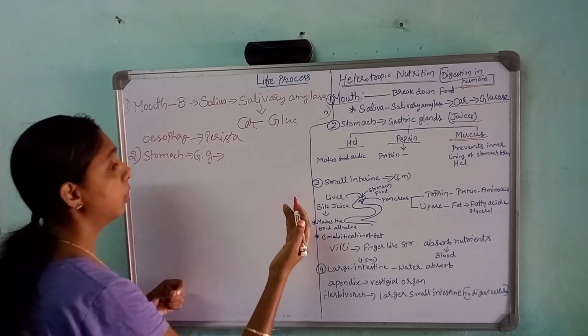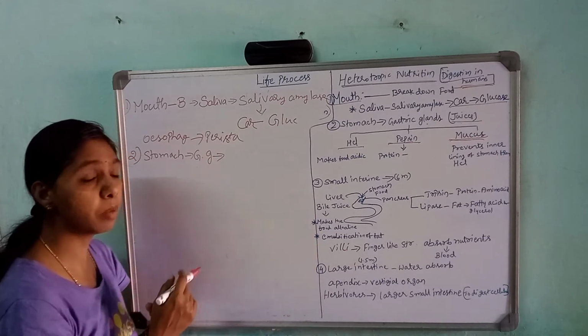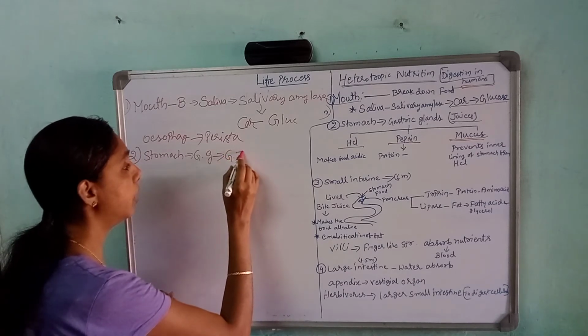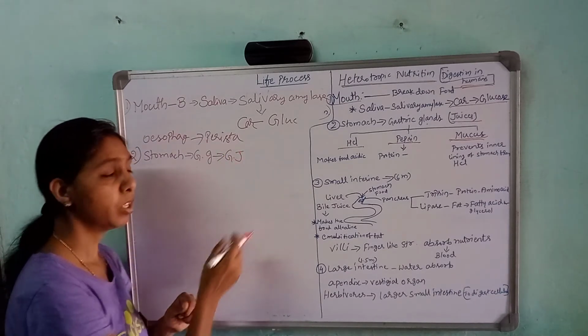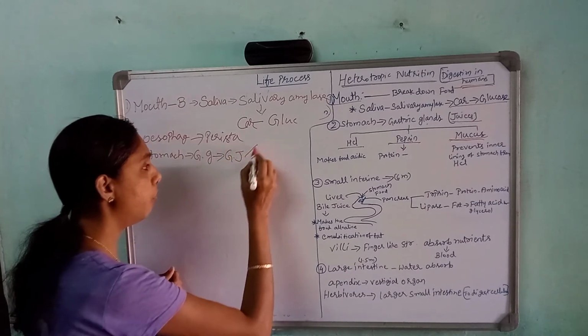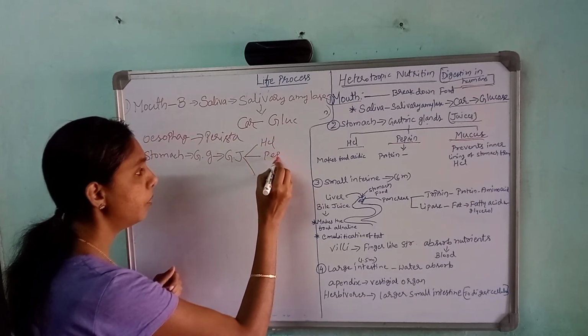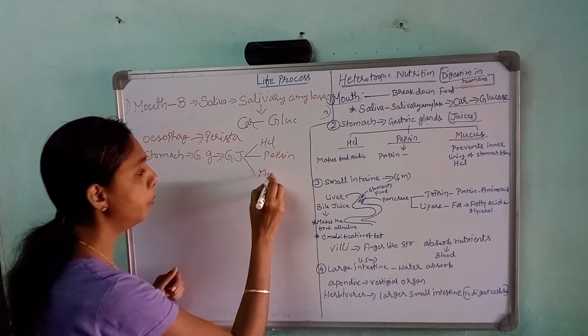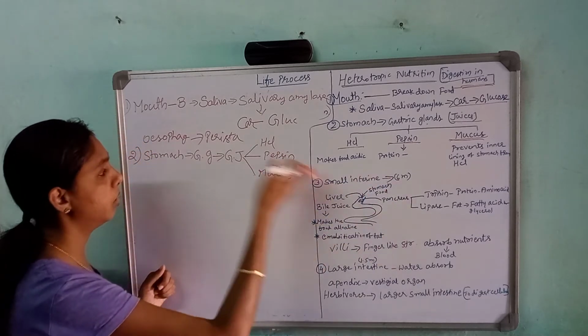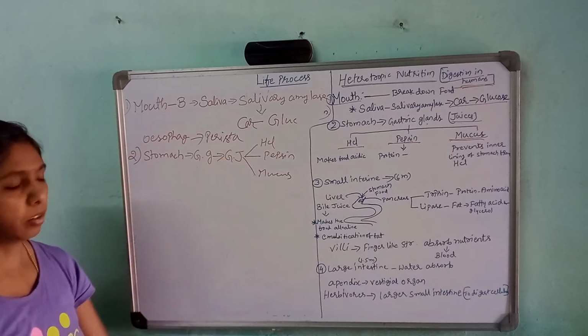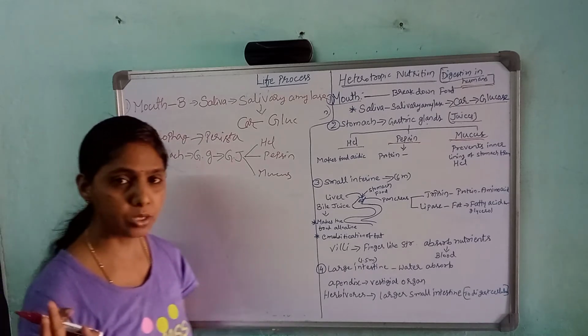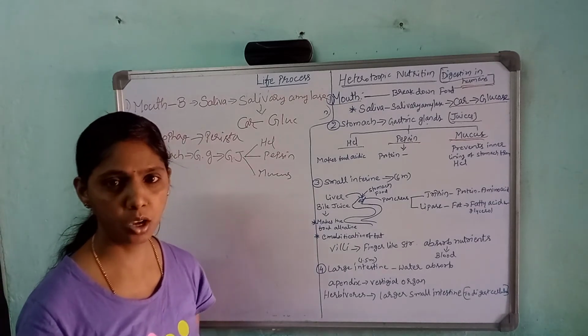It will produce or secrete some gastric juice. There are three different types of the gastric juice. One is the HCl, another one is the pepsin, another one is the mucus. Okay, so here I have written, you can see. So here three types of the gastric juices are there and the function is also different.